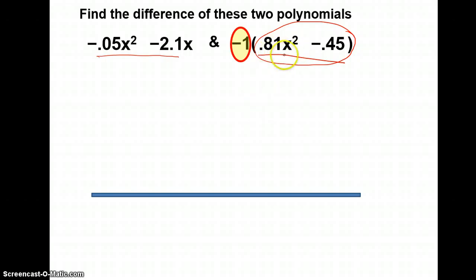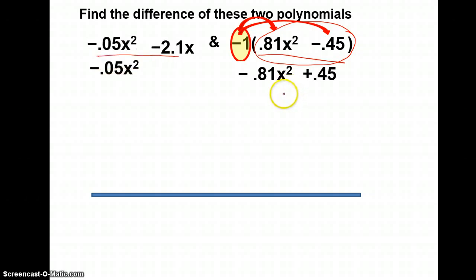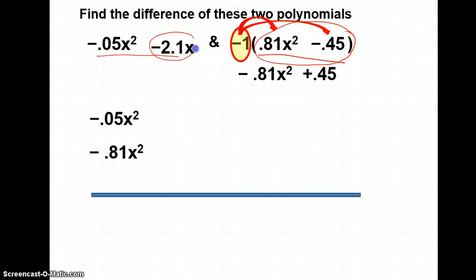8.1 was a positive. Now it's going to become a negative. That 0.14 was a negative. Now it's going to become a positive. Group things together. The x squareds will go together. The x's, there's only one of them, just this one. And there's only a number, albeit a decimal number, still a number.